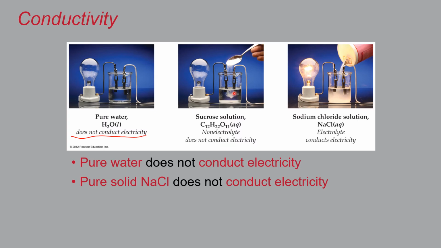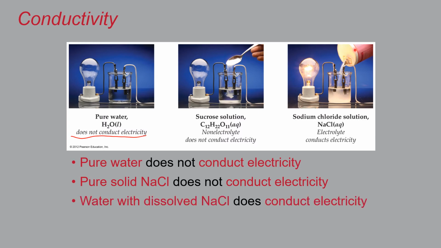Pour in the sucrose, still an open circuit, no light bulb. If you were to fill this beaker with pure solid sodium chloride, it also would not conduct electricity. Light bulb doesn't go on. But if you put just a pinch of salt in the water, all of a sudden that solution becomes very conductive. And it doesn't take much.